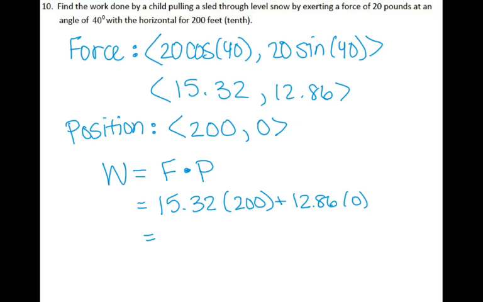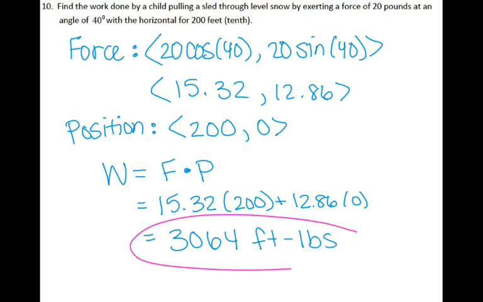So 15.32 times 200 is 3,064. And since my distance was in feet and my force was in pounds, my units is foot-pounds. All right, so I think that takes care of vectors.